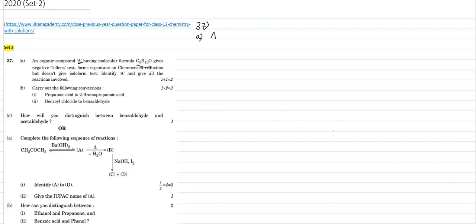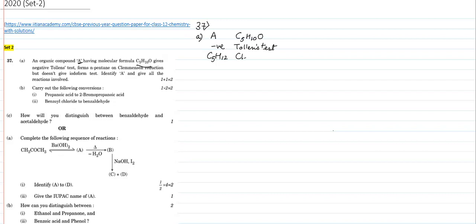So we have an organic compound A, we don't know what it is, and its molecular formula is C5H10O. Now, it is giving us a negative Tollens test. Writing that down. The next one they say is that it gives us n-pentane. Now, n-pentane is an alkane having 5 carbon atoms, so CnH2n+2: C5 and H is 2 times 5, that is 10, plus 2, that is 12.